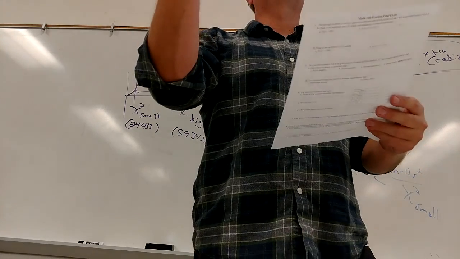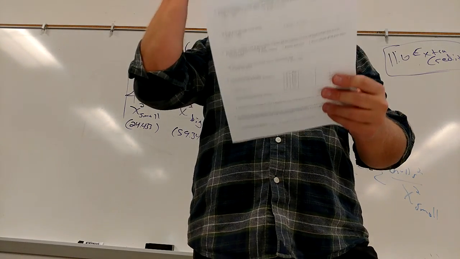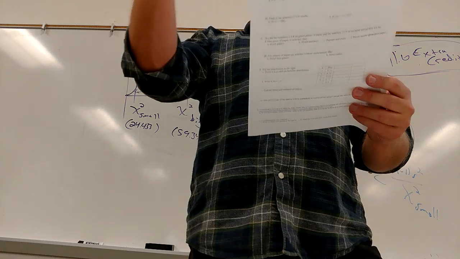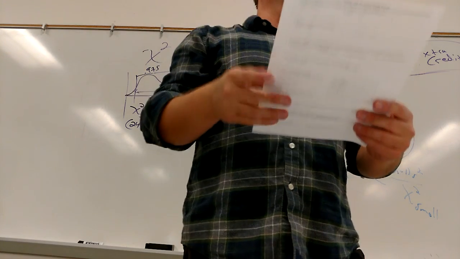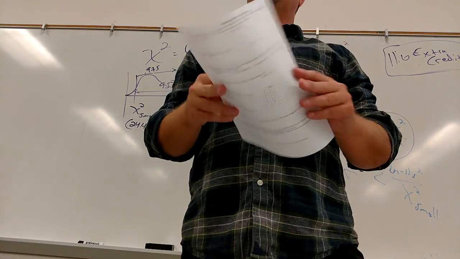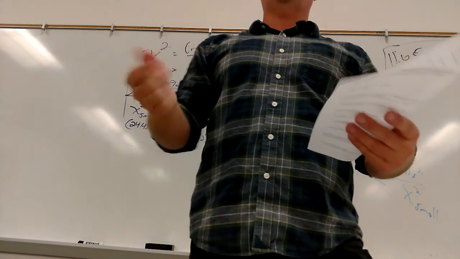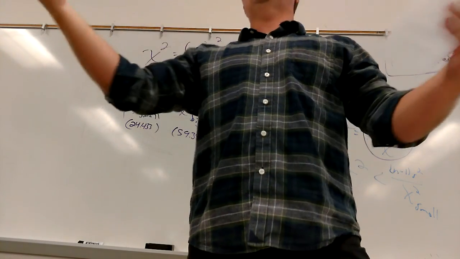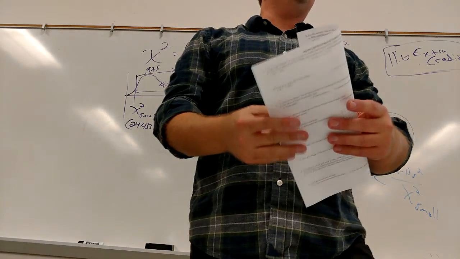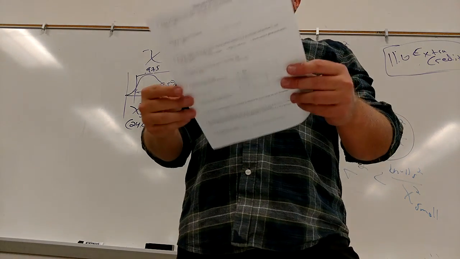What would it tell you about the data point? Someday I'll get everybody. Everybody's always like, can you tell me exactly what's going to be on the test? In this case, yes, I can, and I still get like half the people don't get it right. Drives me a little crazy.